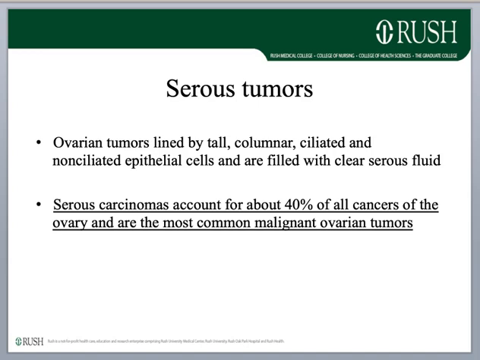However, the designation of serous is not according to the type of fluid that's in the generally cystic neoplasm, but by the type of lining cell. So don't be confused by that.